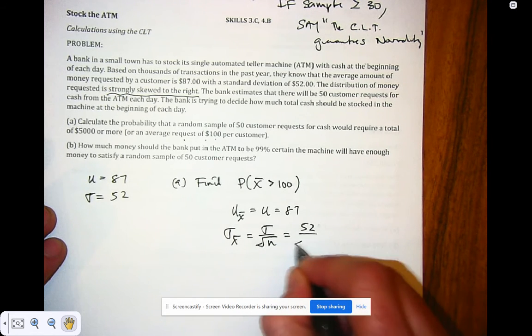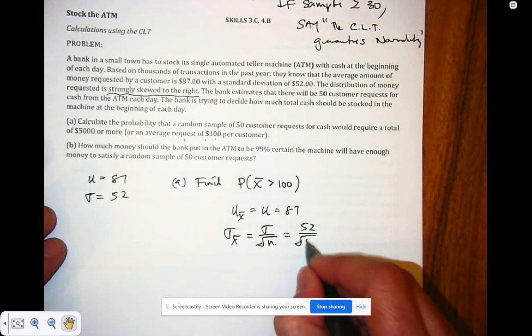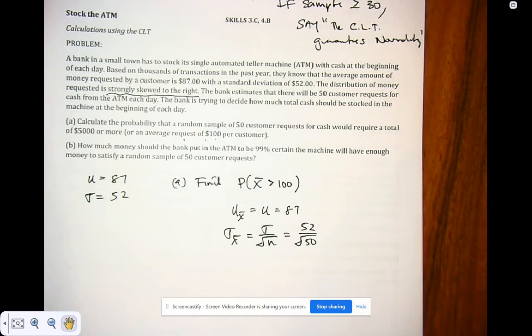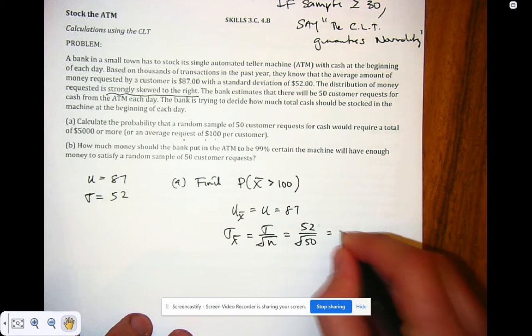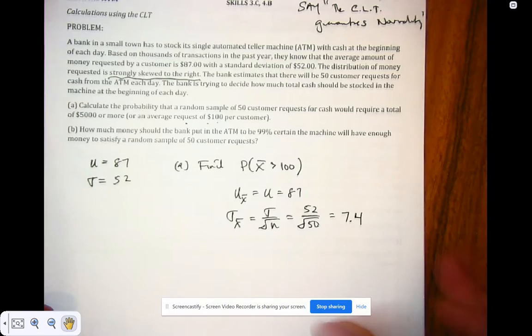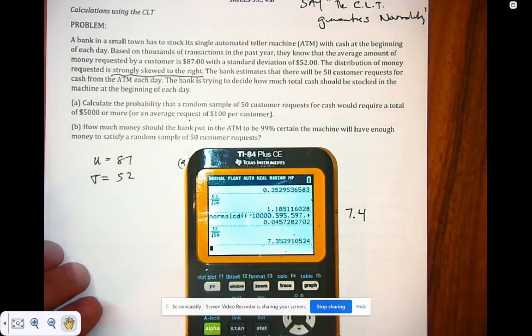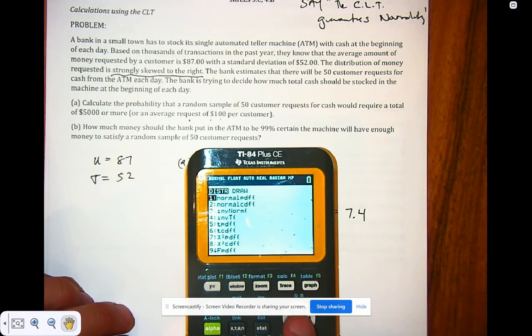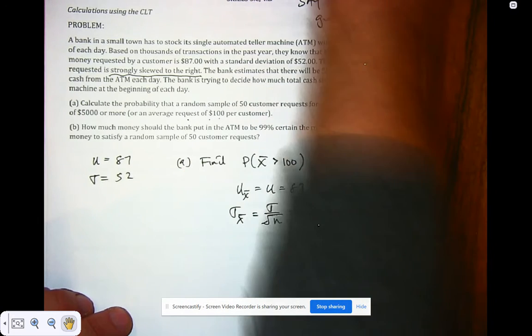So take 52, divide by the square root of 50, and you get 7.4, rounded. Now I've got a mean and a standard deviation. Wouldn't I really like to go down here and hit second distribution, normal CDF? Yes. So how do I know I can do that?